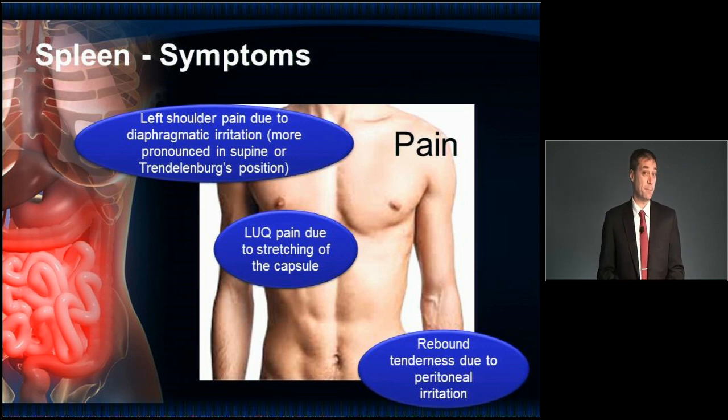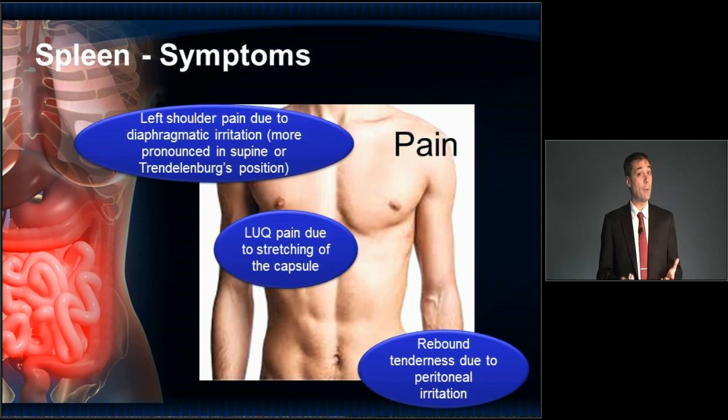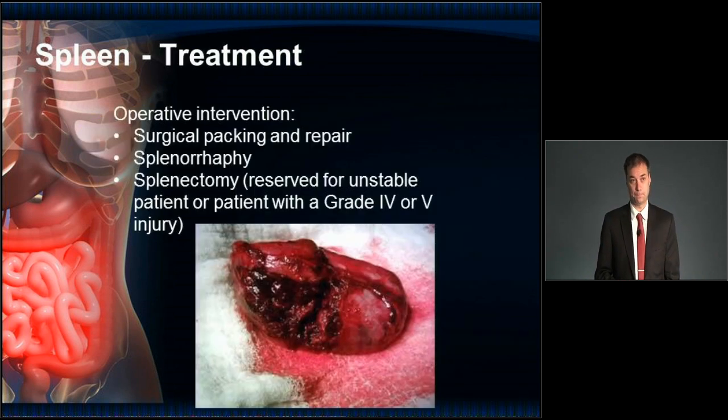That shoulder pain is especially exacerbated if the patient's lying supine or in Trendelenburg when the blood pushes more up against the diaphragm. The patient may have left upper quadrant pain if the capsule is stretching. If it's not ruptured but stretching, they may have left upper quadrant pain. And if they rupture, they could have rebound tenderness due to peritoneal irritation.